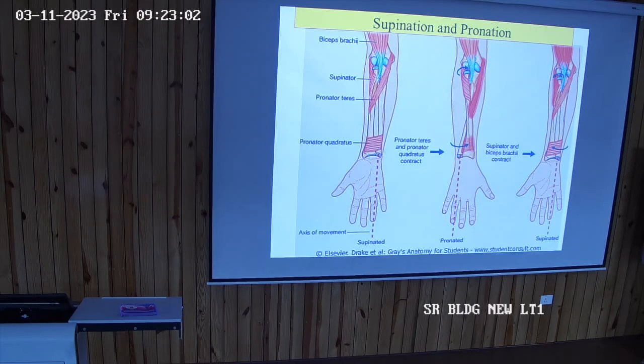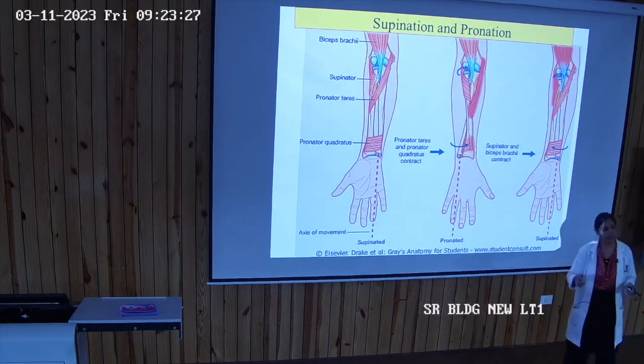Supinator acts when the forearm is extended, and biceps acts in the semi-flexed position. So the powerful supinator is biceps brachii. In the semi-flexed position, it rotates the forearm. Between the two, the one named supinator is not the powerful one, and usually this is asked in the viva question and students answer supinator.